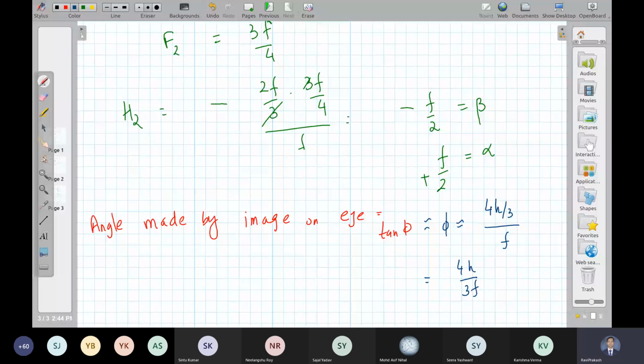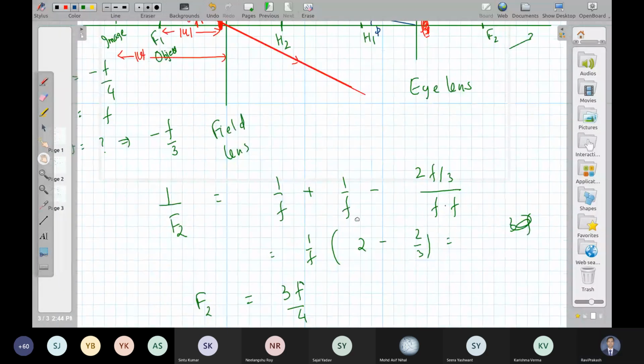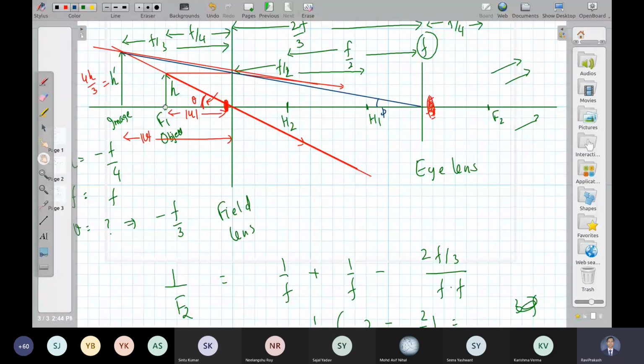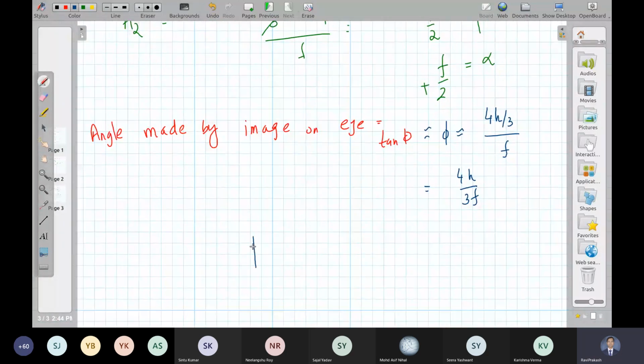If we do not use this eyepiece, what is the maximum size you can see for this object? Without using the eyepiece, this is your object of height H, and this is the eye. Obviously the size you will see depends on this distance.